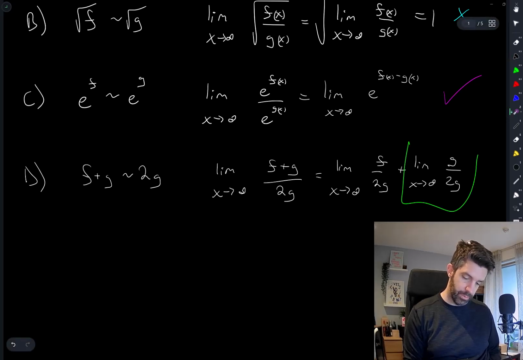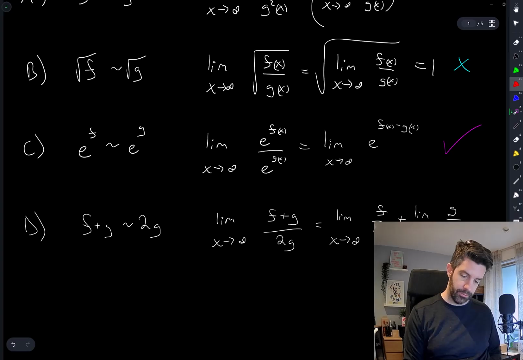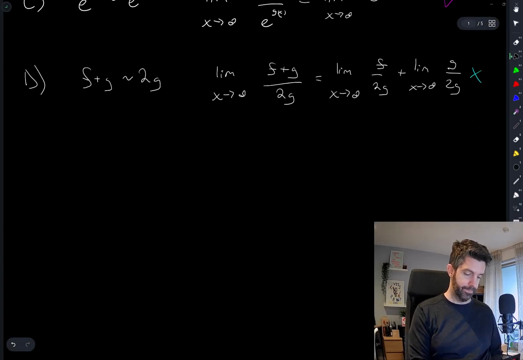So the second is equal to a half instantly because the g's cancel. And the first is also equal to a half because we can factor the 1 over 2 out, and then I have the original limit. So this statement is correct, meaning it's the wrong answer.